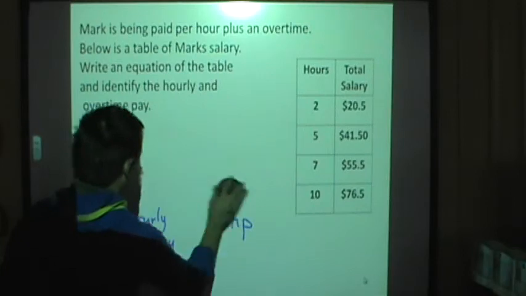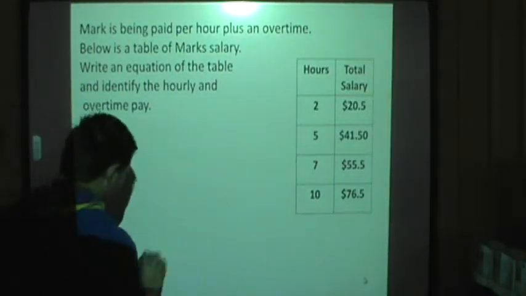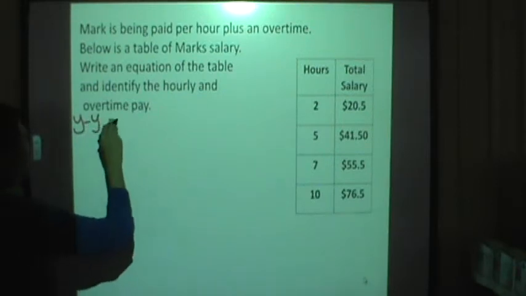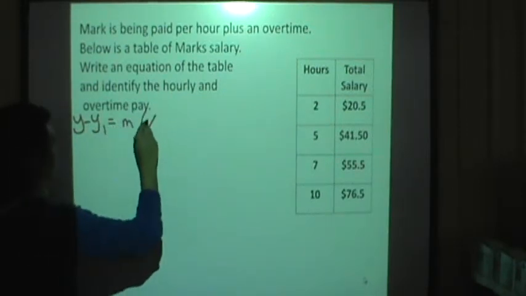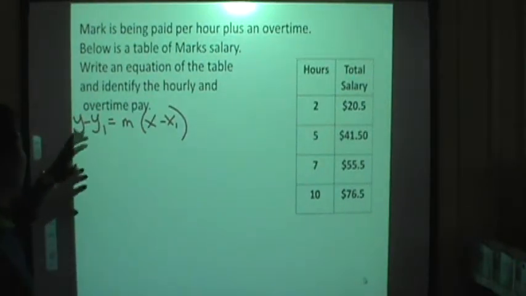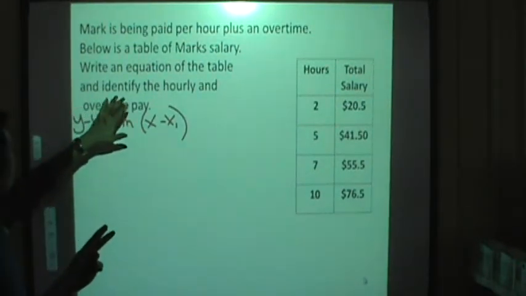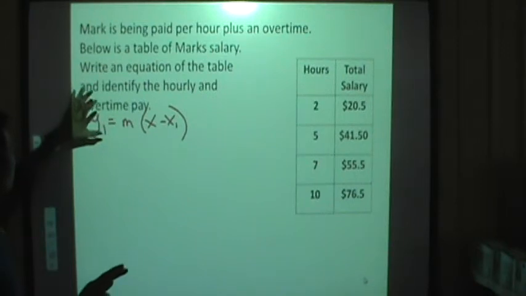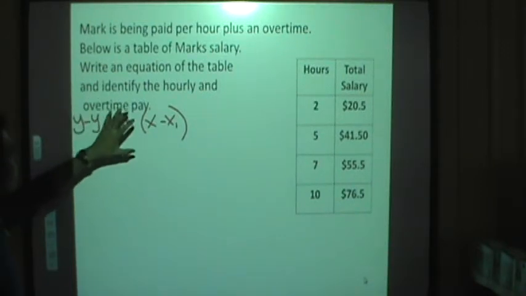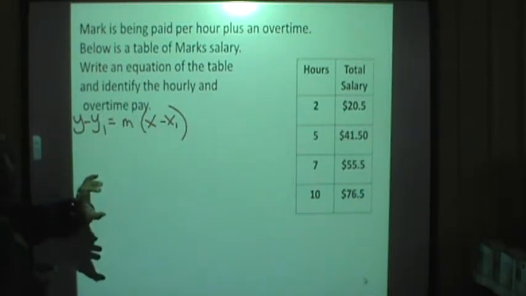According to the problem, we have to write the equation. Again, to write the equation will be y minus y1 equals m times x minus x1. Now, pause the video. Before that, to use this formula, we need to make sure we have the slope. For right now, we don't have the slope, so you can go ahead and pause the video and solve for the slope here.